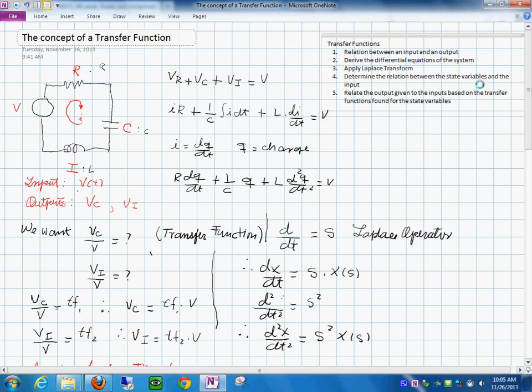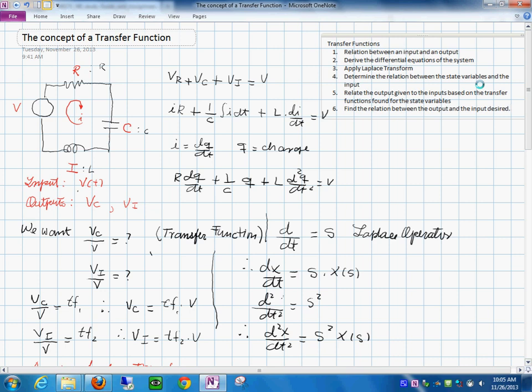Then you find the relation between the output and the input desired.